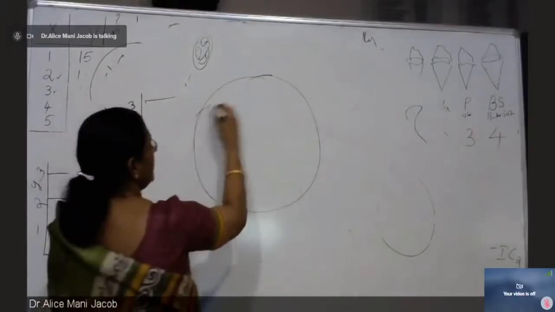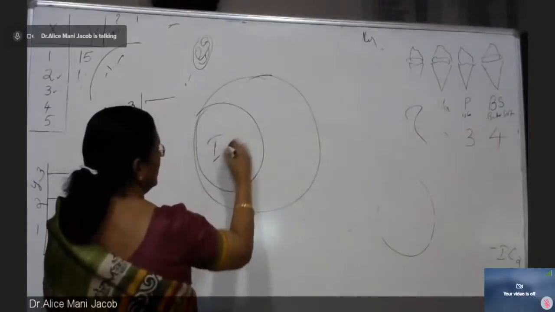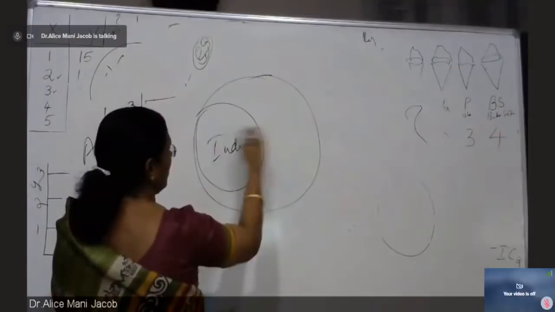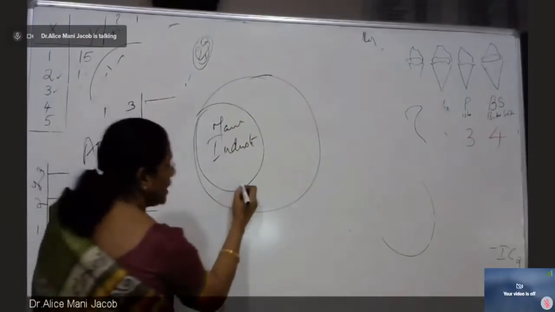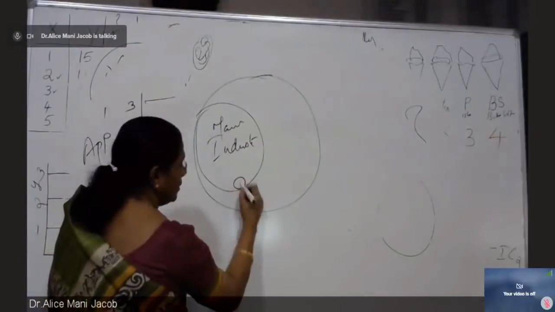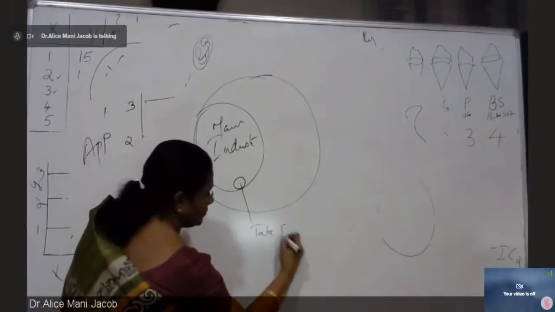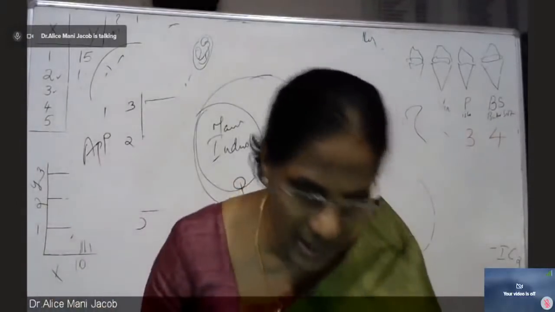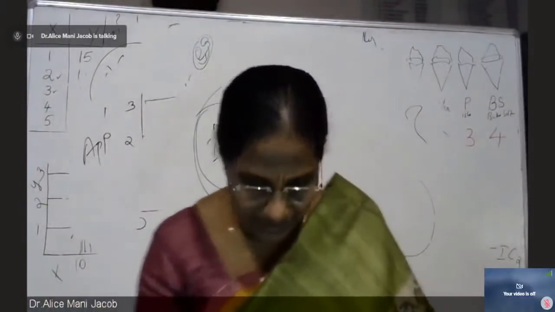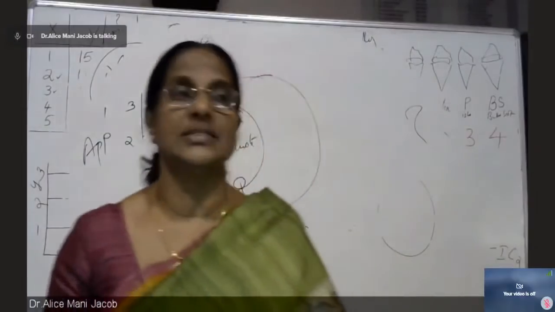Then it can be industry level forecasting. Only steel industry or manufacturing industry. Or it can be firm level. For example, Tata Steel. That is firm level forecasting. So there can be different levels of forecasting.